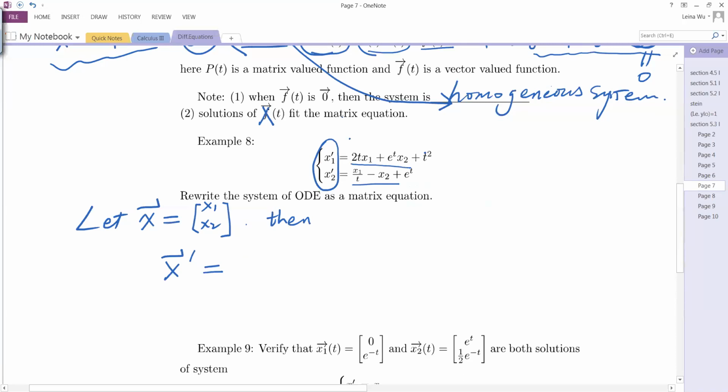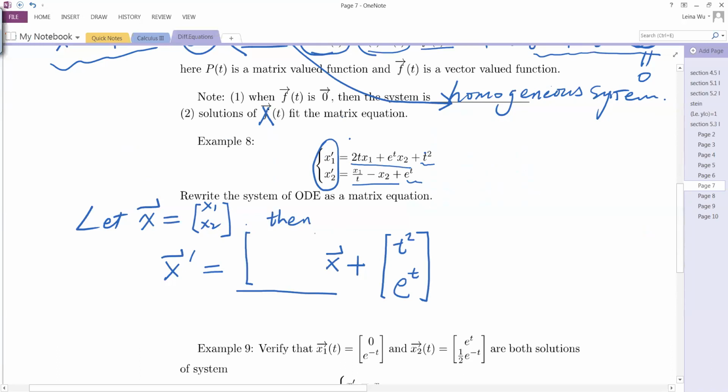So we can separate them into two groups. The first group will be about these unknowns. The second group doesn't have anything to do with the unknown, so I can put them separately. So t squared and e to the t, isolate these from x's. And the first part is related to x1, x2, so they're related to my unknown vector, x.